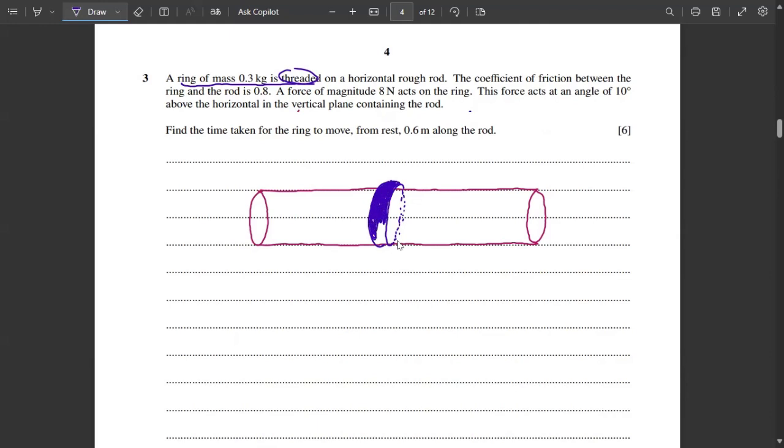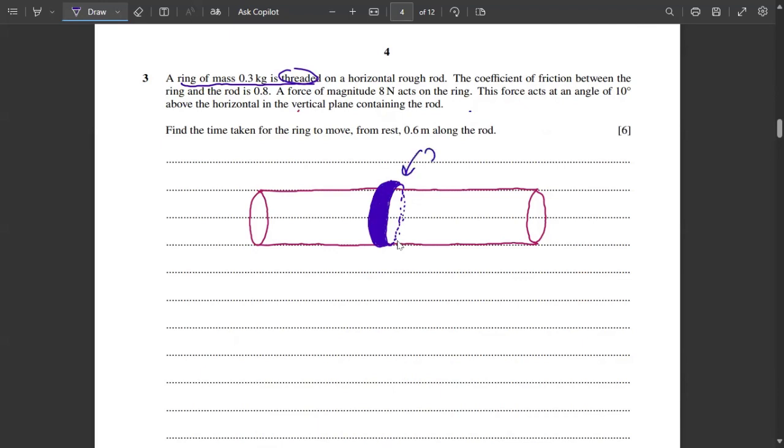If you still don't understand what is drawn right here, I'll give you an example. One second. Yeah, so this is what it will look like.